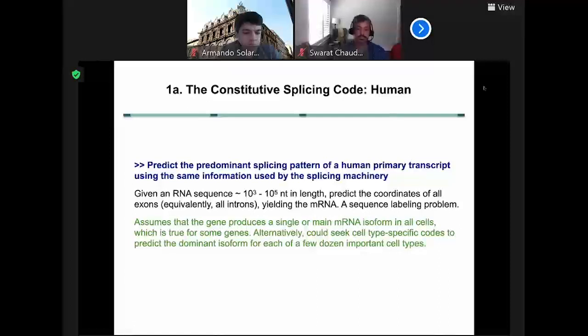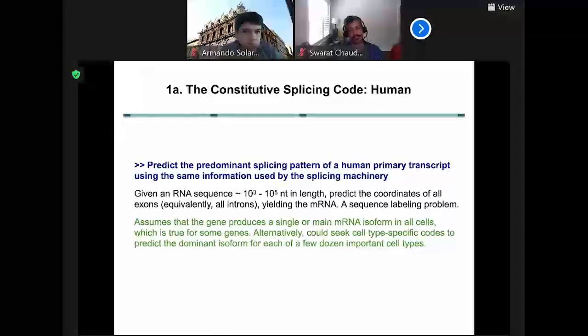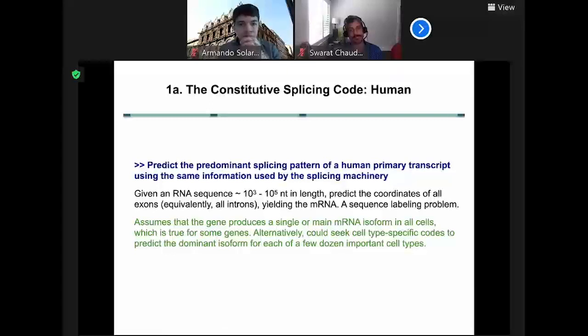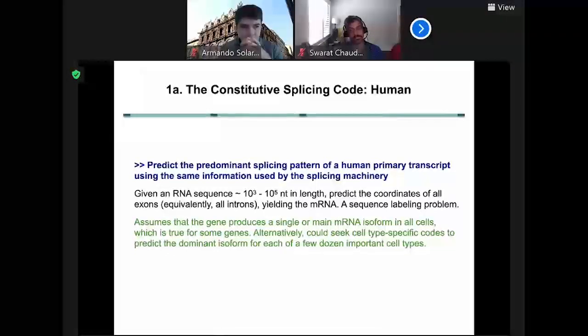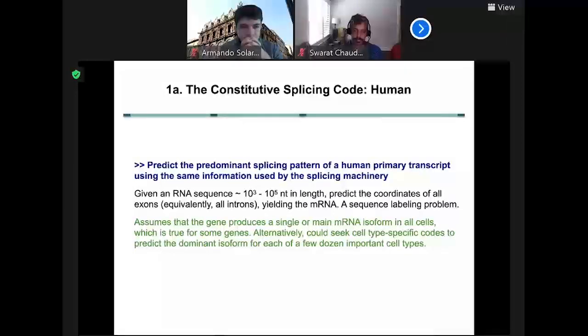The constitutive splicing code is the simplest to describe. It is to predict the predominant splicing pattern of a human primary transcript using the same information used by the splicing machinery. We're given a sequence roughly 30,000 bases long of A's, C's, G's, and T's, and then we want to predict the coordinates of all these exons.